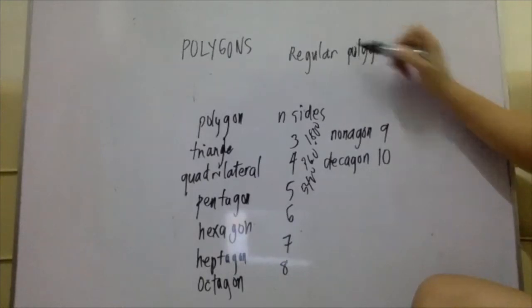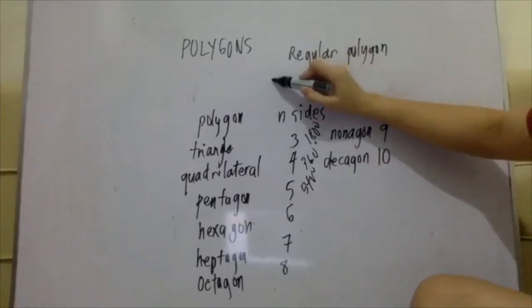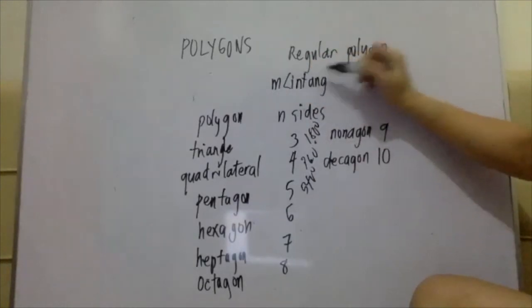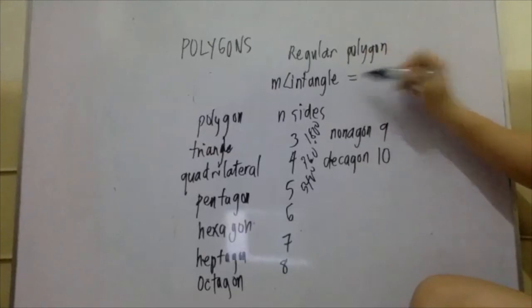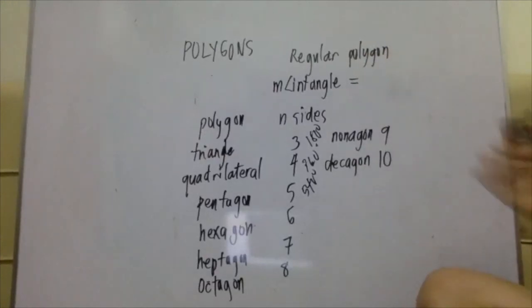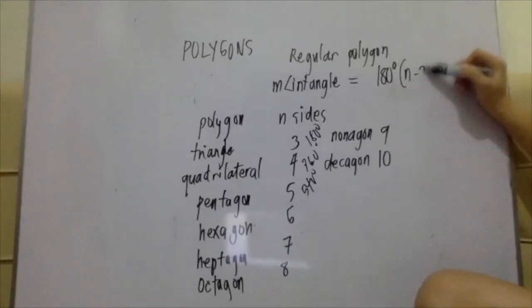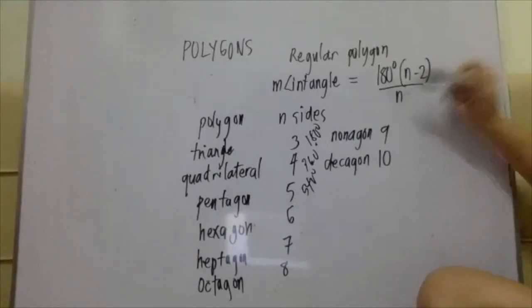Meron tayong equal na internal angle. So, to get the measure of internal angle ng regular polygon, may formula din tayo doon. It's just equal to 180 degrees times n minus 2 over n.